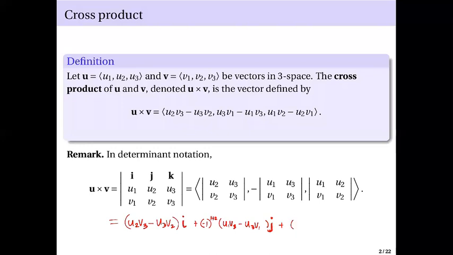So plus quantity, you have your k here. For the k part, you are looking at this submatrix here, so u1 v2 minus u2 v1. So that's this vector here.